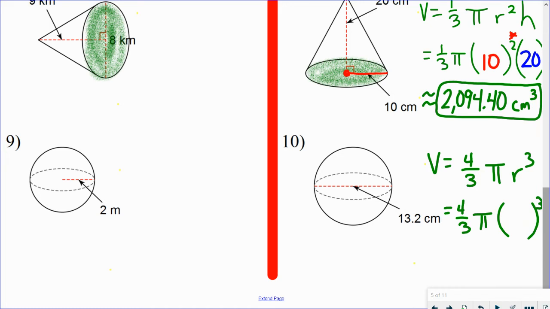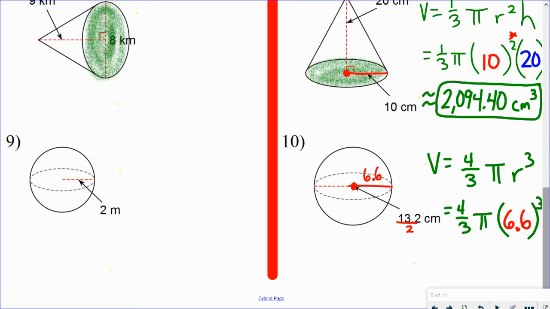But I quickly see that this measurement of 13 2/10 goes all the way across. So let's go ahead and divide it into 2 parts. If we were to divide 13 2/10 into 2 parts, we would get a measurement of 6 6/10 centimeters for each radius.